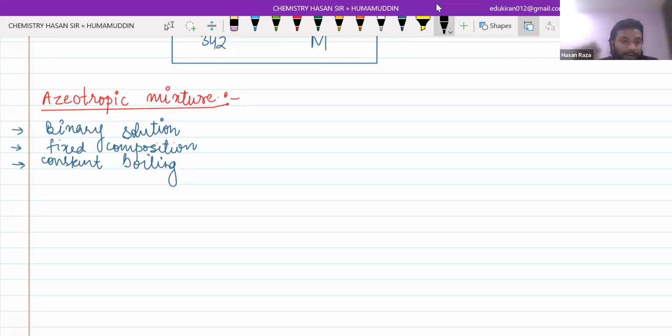After mixing a binary solution in a fixed composition and getting an azeotropic mixture, the boiling point of the components present in the solution will be equal.